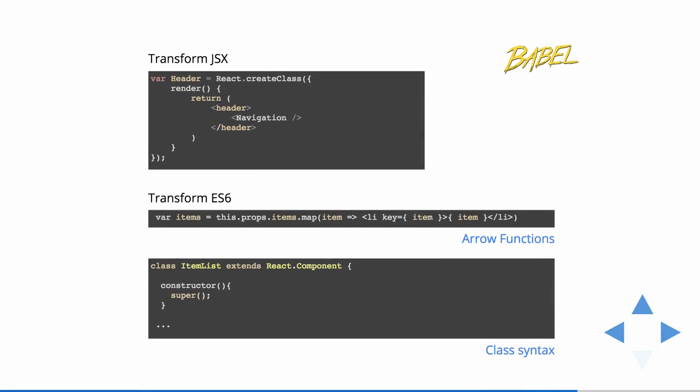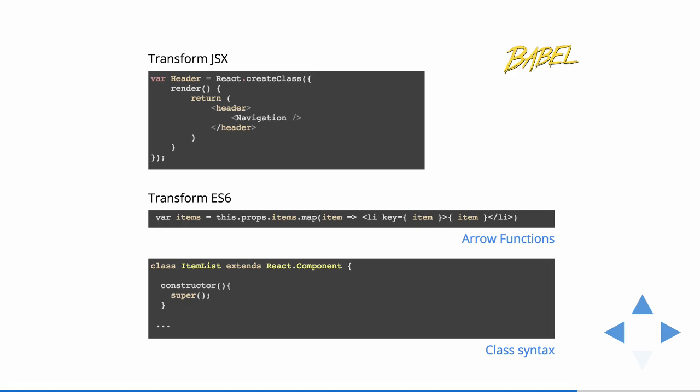So Babel, maybe you heard of it. We use Babel as a Webpack loader, and it transforms our JSX files to JavaScript, and it also transforms the ES6 features we are using in our code. These are two examples we use a lot: arrow functions, as you see in the first example, and the class syntax.